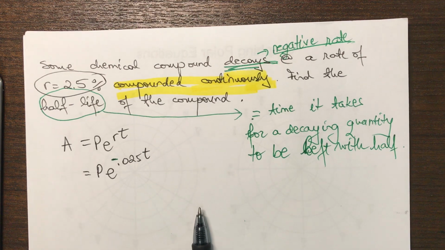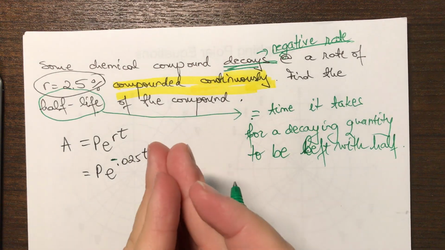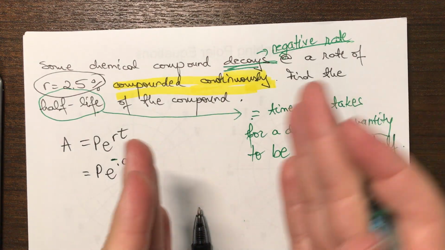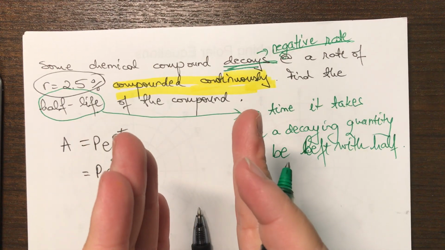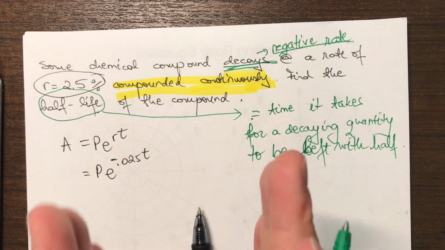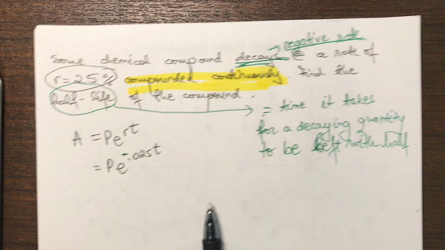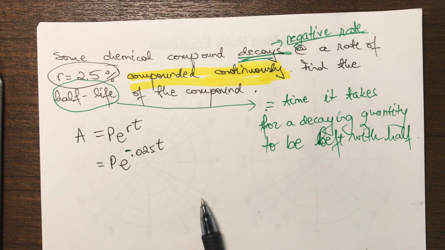So something that grows eventually will double up, right? So we call this doubling time. Something that decays eventually will be cut in half. We call this the half-life. I know it's kind of funny, not half time or so, but half-life.